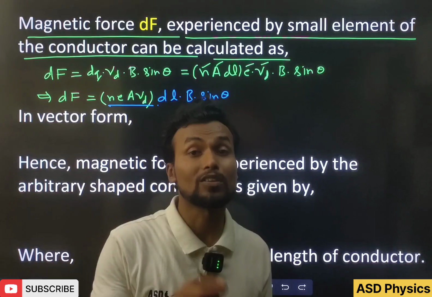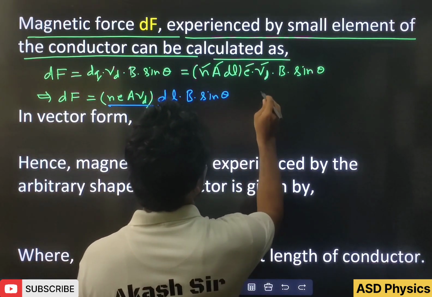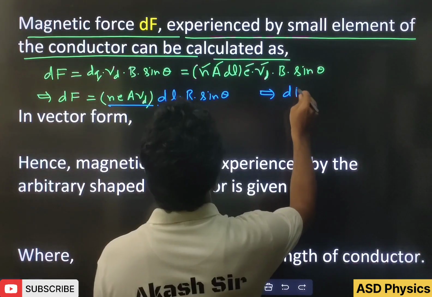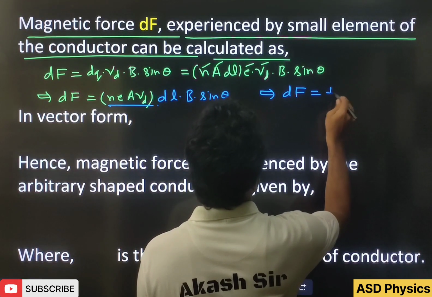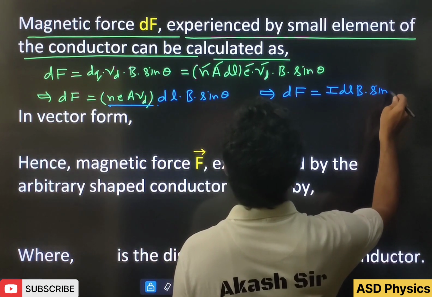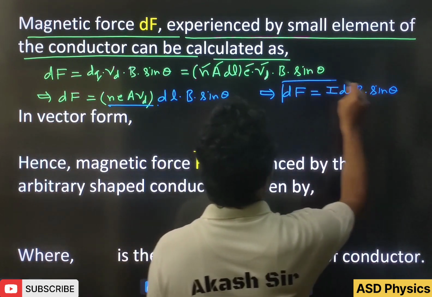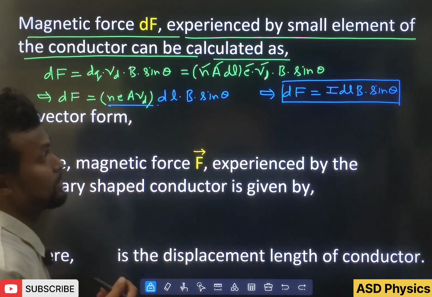That is the current flowing through the conductor. Okay, so from here I can write the value of dF. The current is I. So dF equals I dl B sin theta. This is the force experienced by that small current carrying element dl.